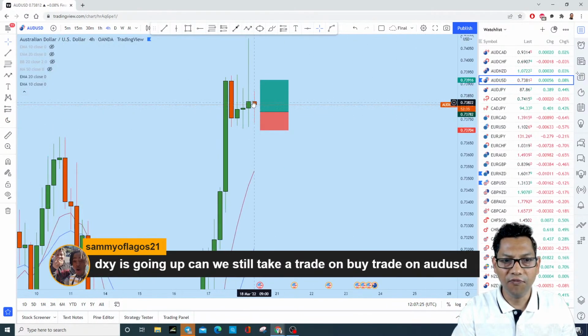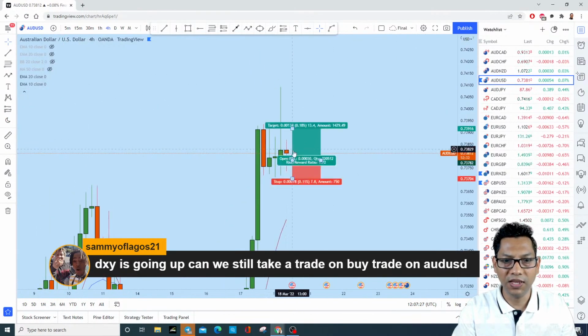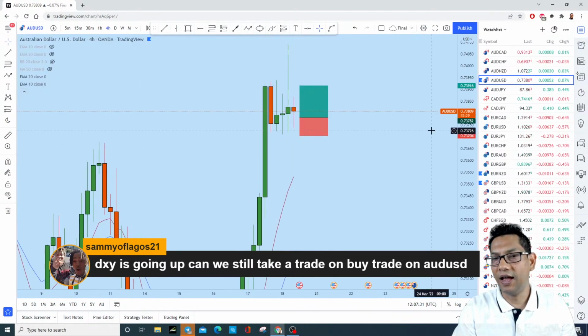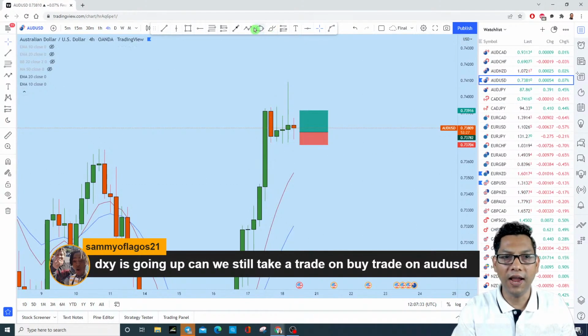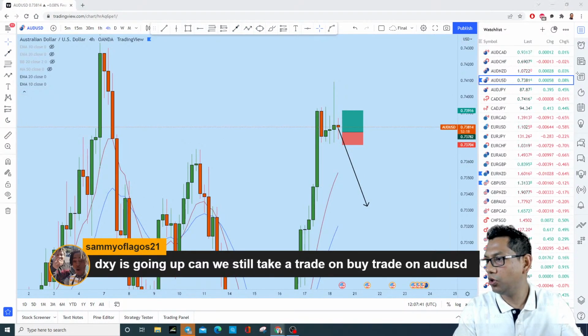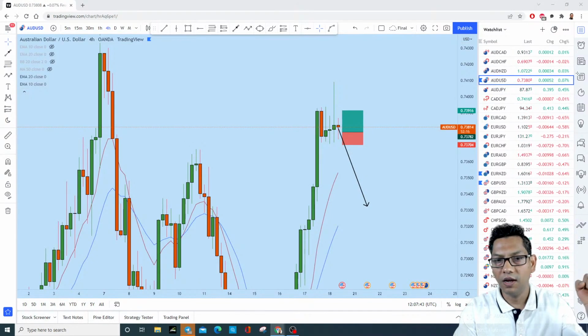If this 4-hour candle closes as a doji, then I would say that it might come down today, because if DXY goes up, it is related to the Aussie dollar, euro dollar, but still bullish.